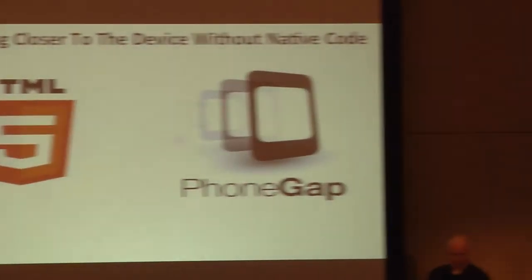The thought behind it is, if I'm going to develop a native application and need to hire somebody, all these specialized languages are going to cost me a lot more than somebody that just knows HTML and JavaScript, because there are a lot more developers out there that can do plain old HTML and JavaScript. You just give them this framework to work in, and then you have a native application.